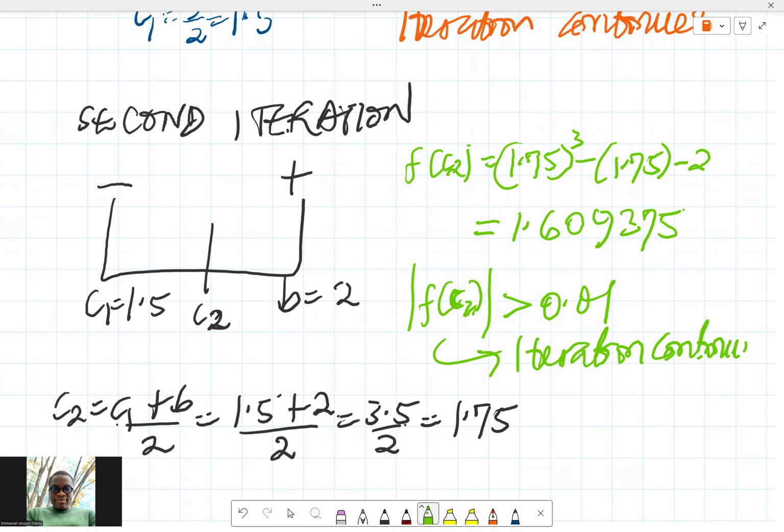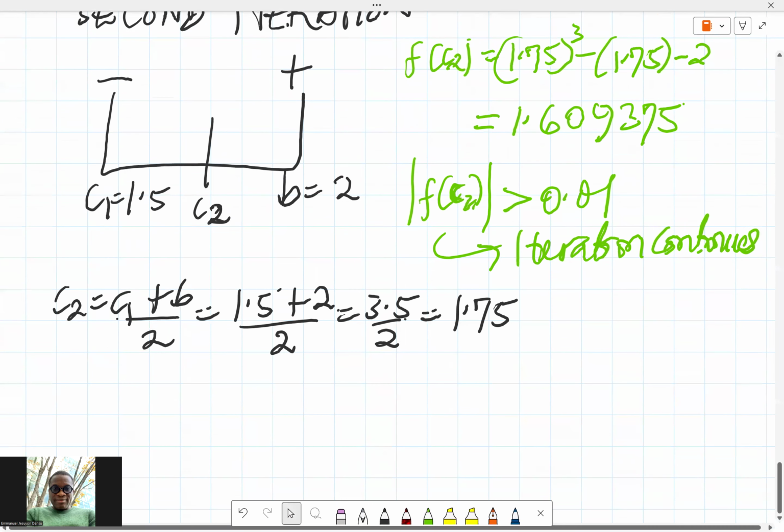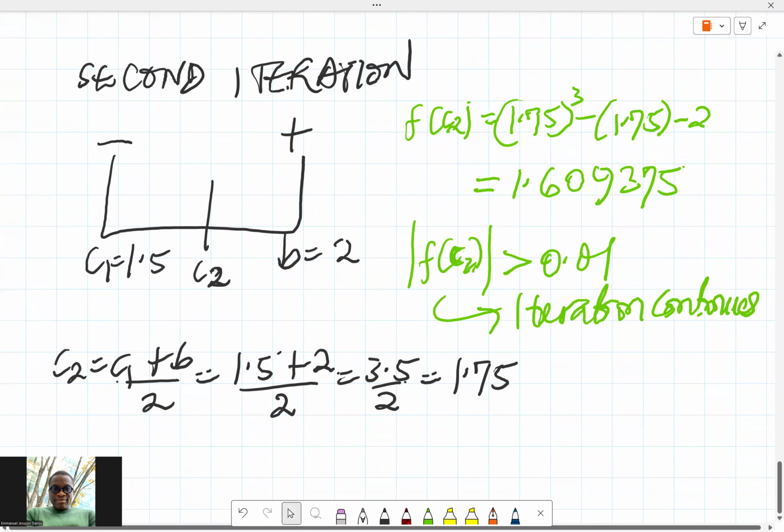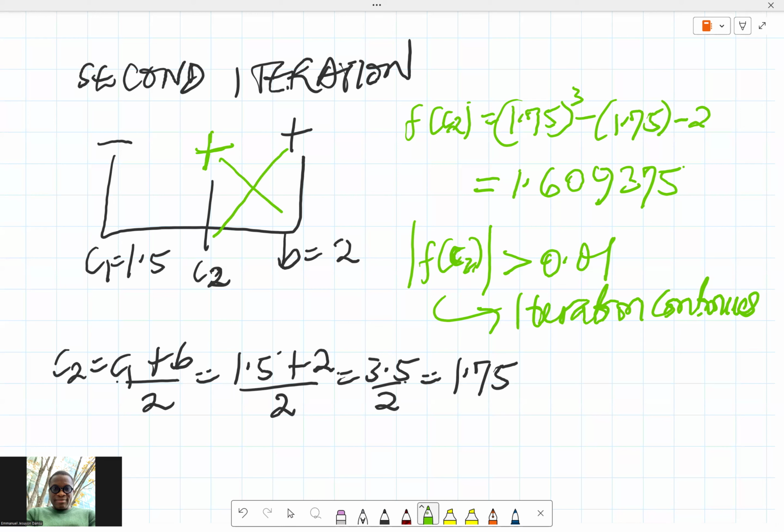This is positive now, and if the signs are the same, you cut it off. So the solution does not lie between C2 and B. It clearly lies between C1 and C2.